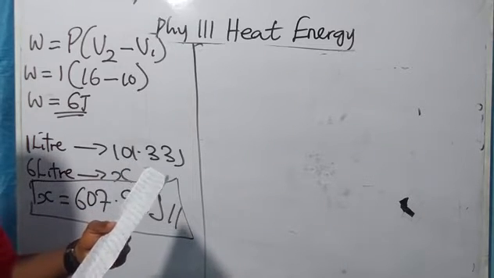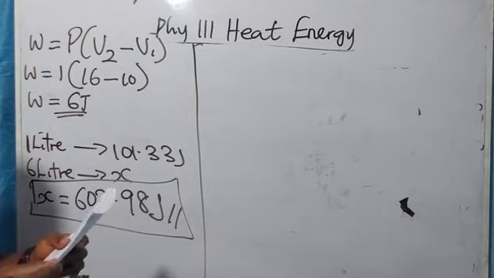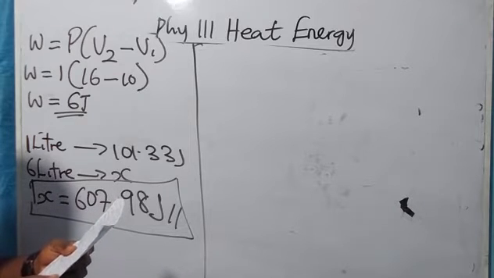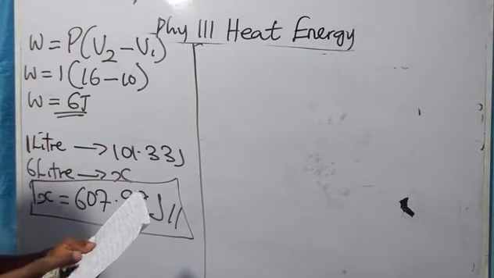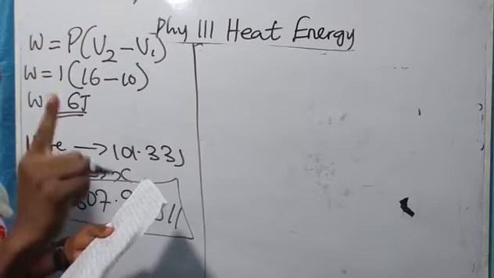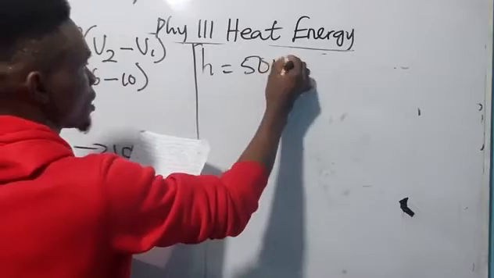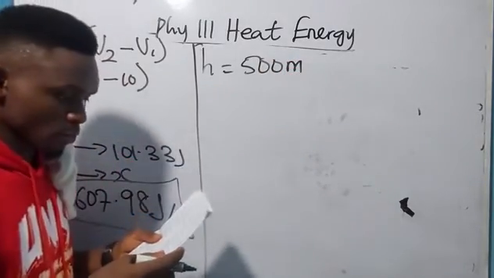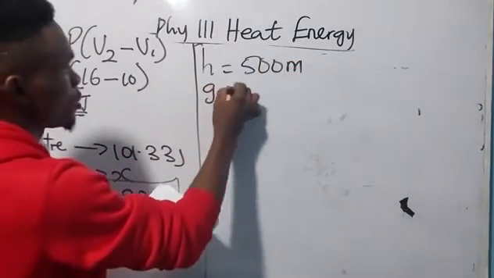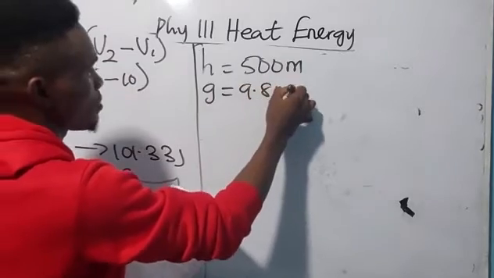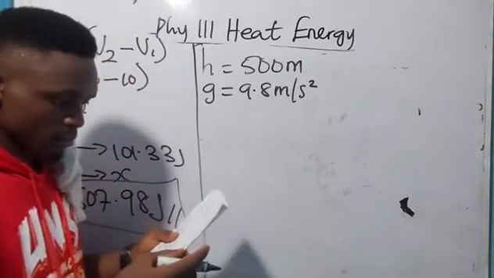so we have to calculate change in temperature. And it said a waterfall 500 meters high, so which means that the height is 500 meters, and they gave us g to be 9.8 meters per second squared.